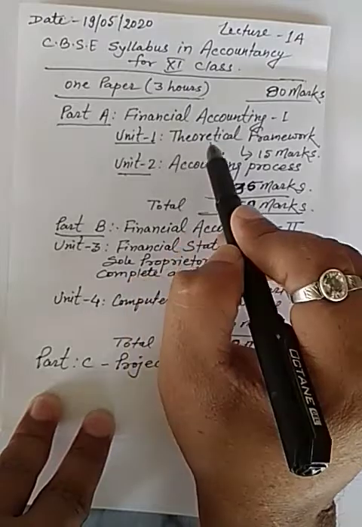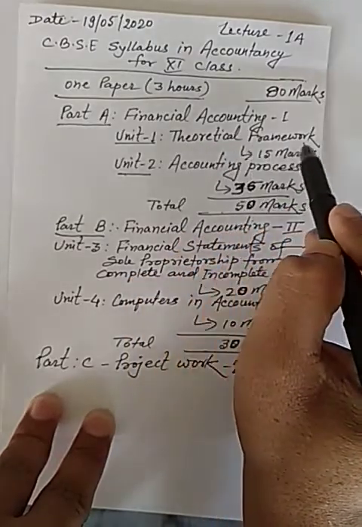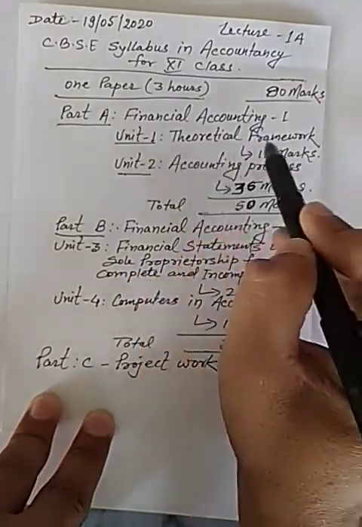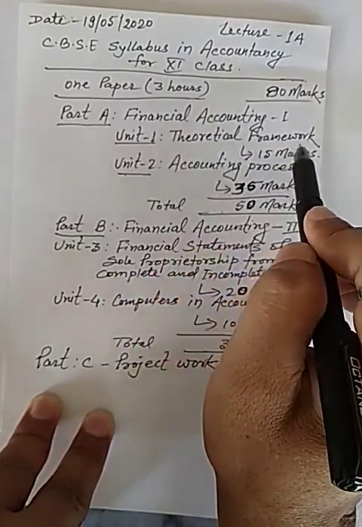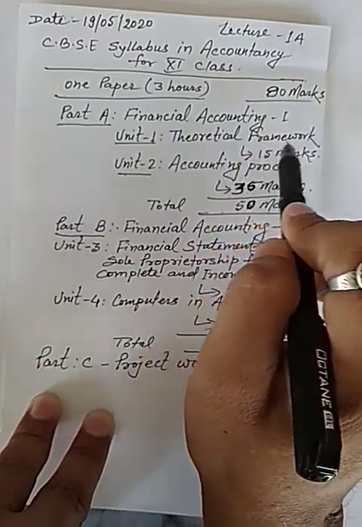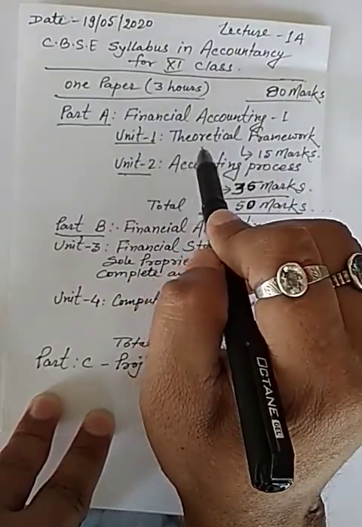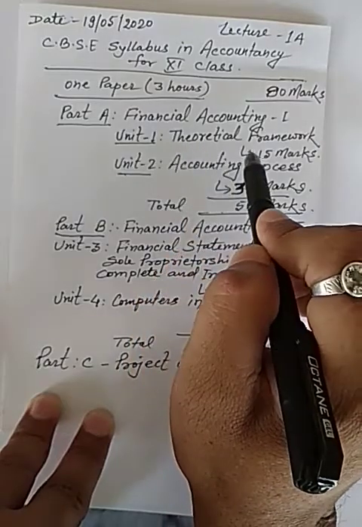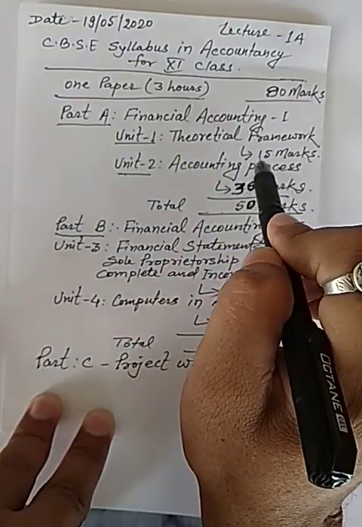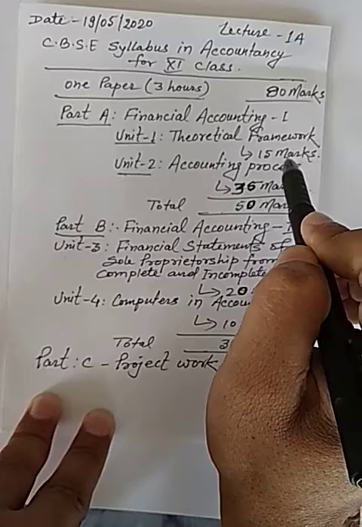Unit 1 is related to the theoretical framework. We have to study all the theory of accounting, basic accounting terms, and it will be for 15 marks.